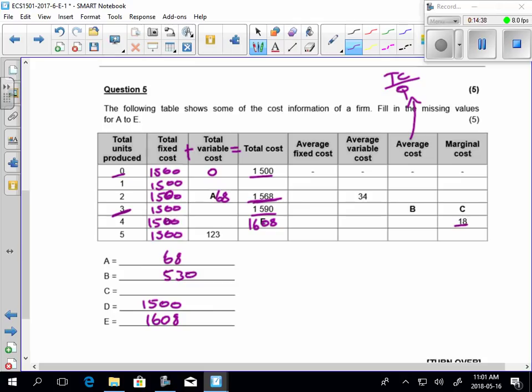And the last value C, we're calculating the marginal cost, which is your change in total cost, from 1,568 to 1,590, and you should get an answer of 22. You guys all cool with that?